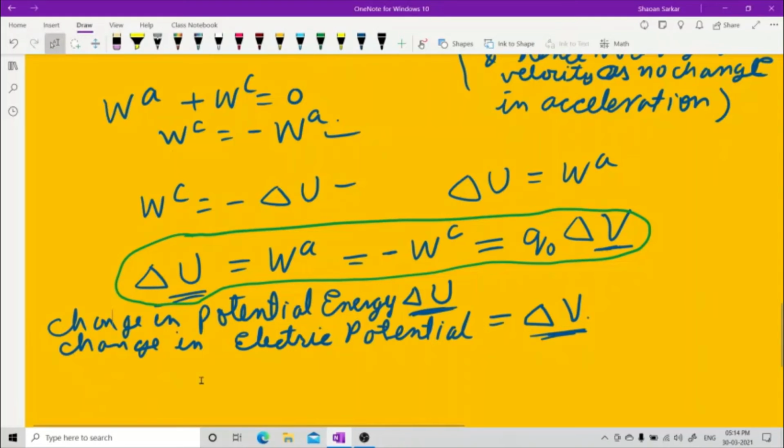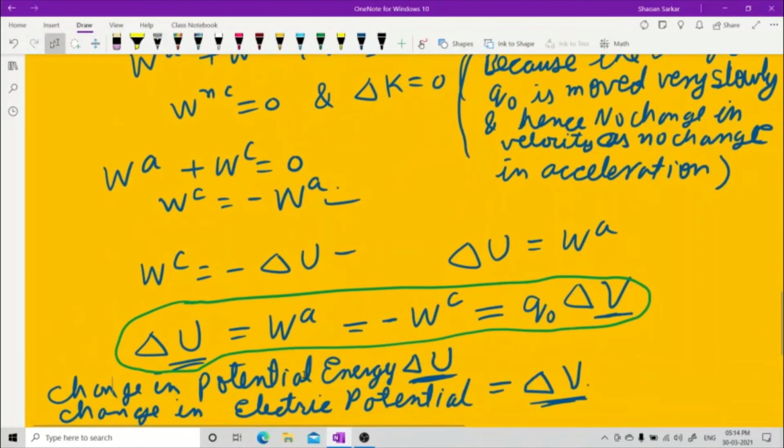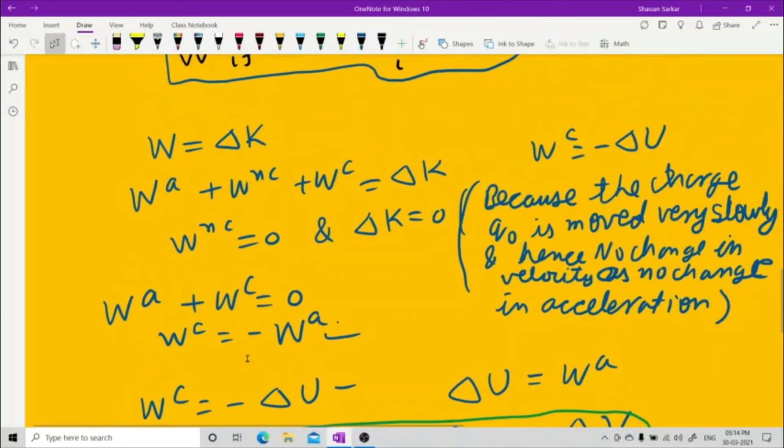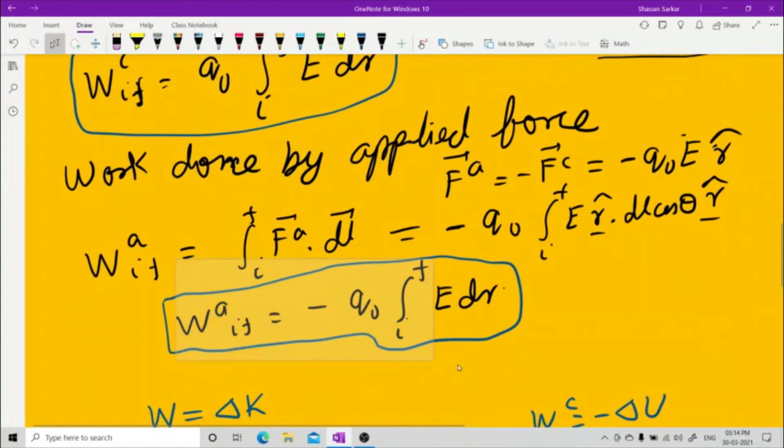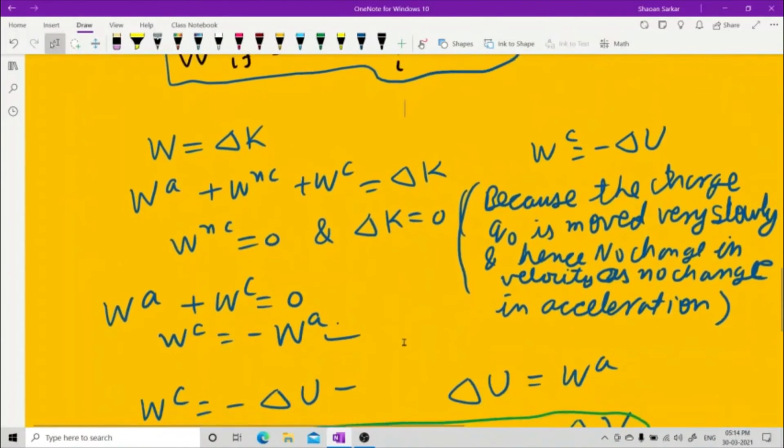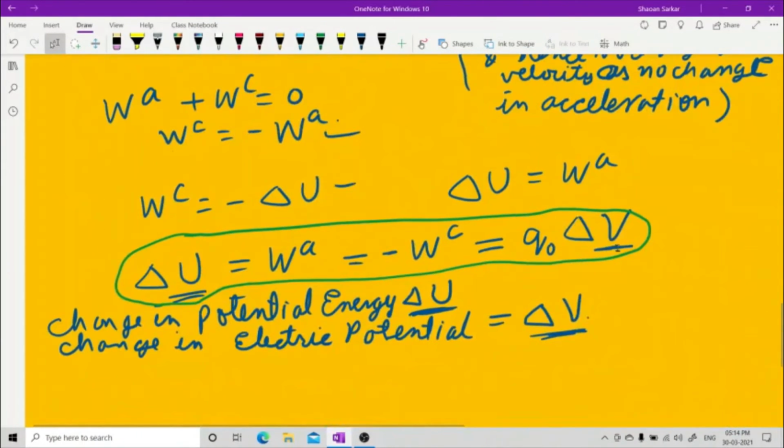Now, we know two things: the work done by the conservative force, and the work done by the applied force. And I have just told you that this relation between delta V and delta U always holds. So you can either use the expression for work applied or the expression for work conservative; that's your choice.